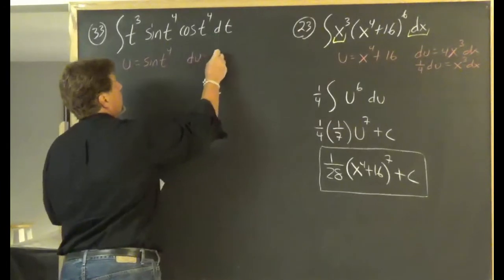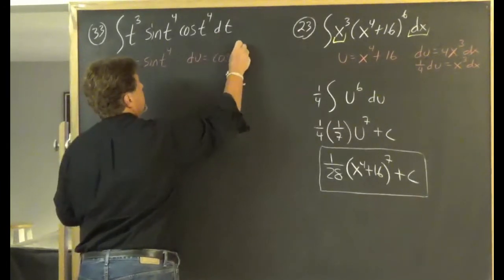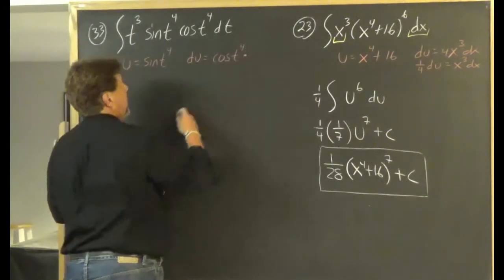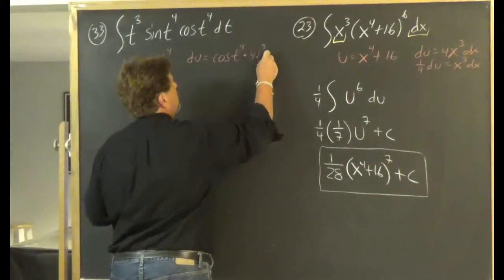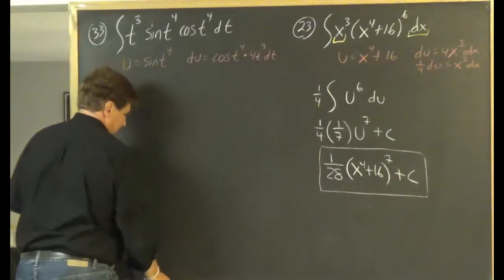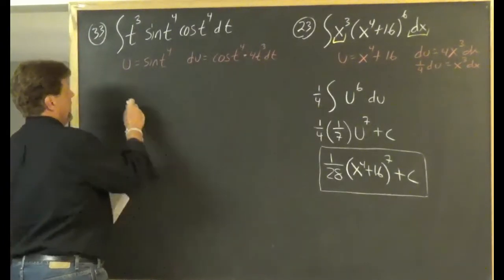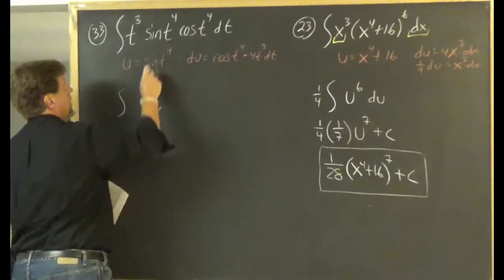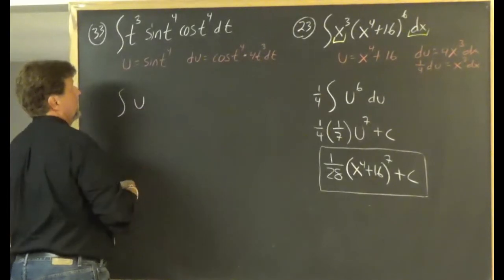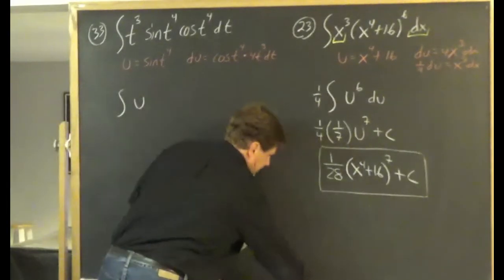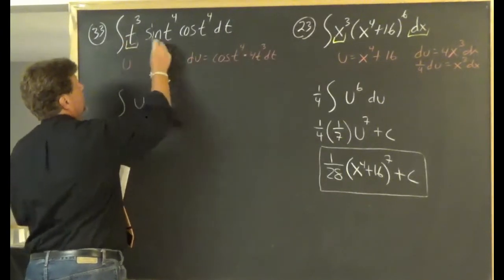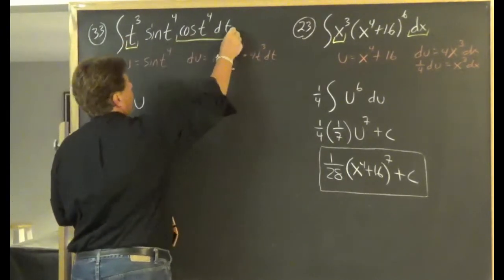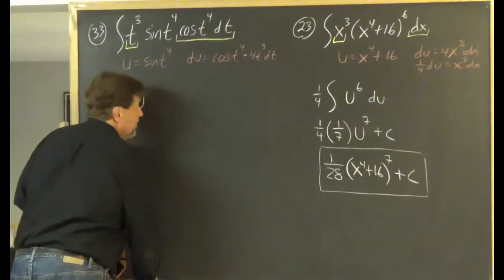Then du is the cosine of t to the 4th times, the chain rule, times a 4t cubed dt. So when I substitute in, okay, here's my u. I still have the t cubed cosine t to the 4th dt to take care of.